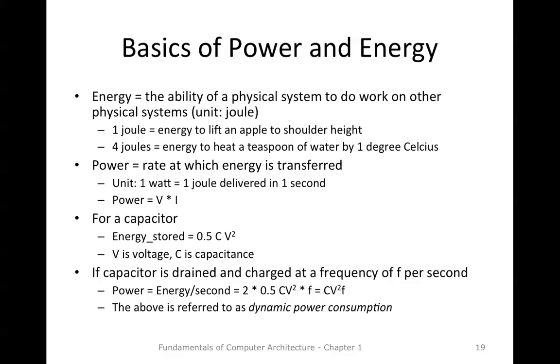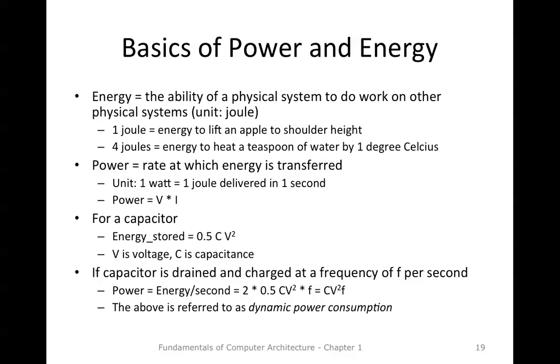Now what is power? Power is the rate at which energy is transferred or transformed from one form to another form. The unit is watt, and 1 watt is essentially 1 joule delivered in 1 second.